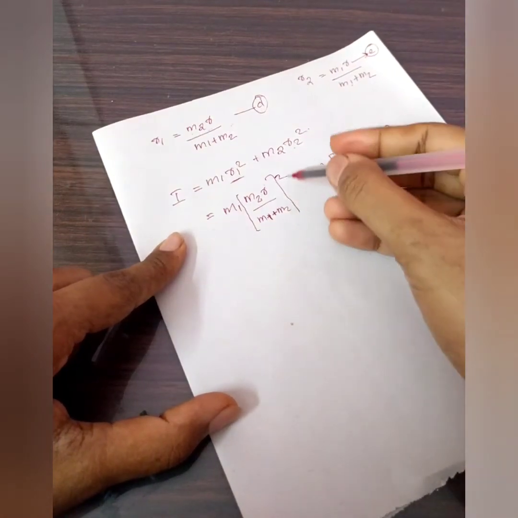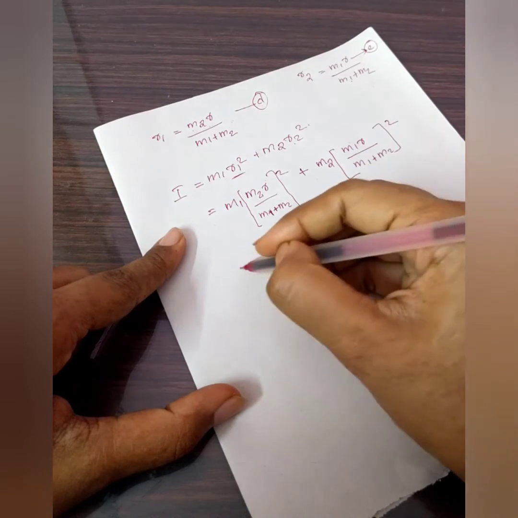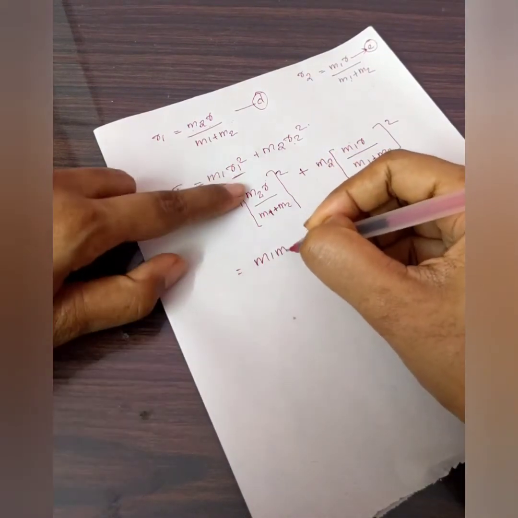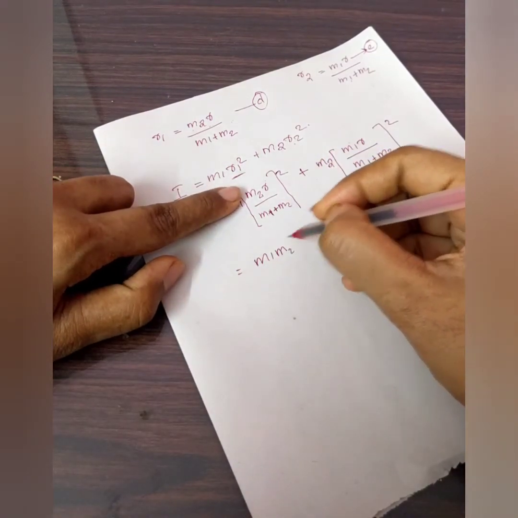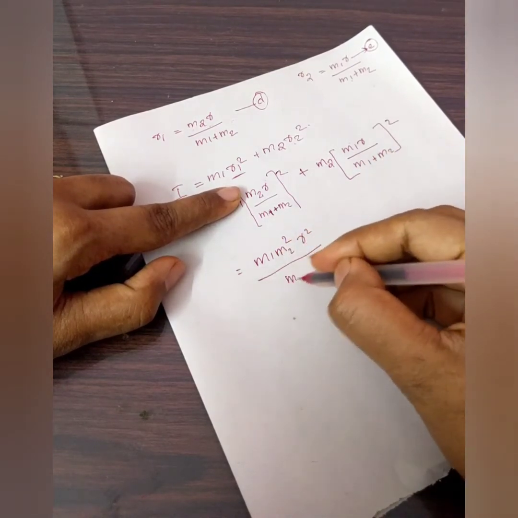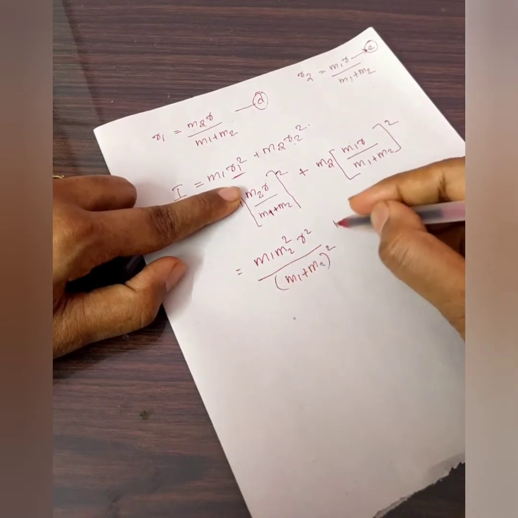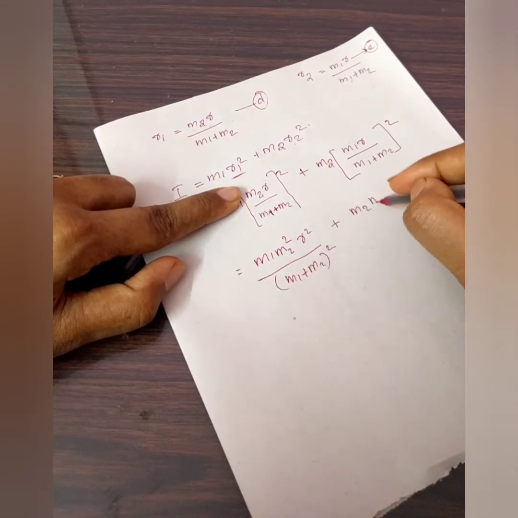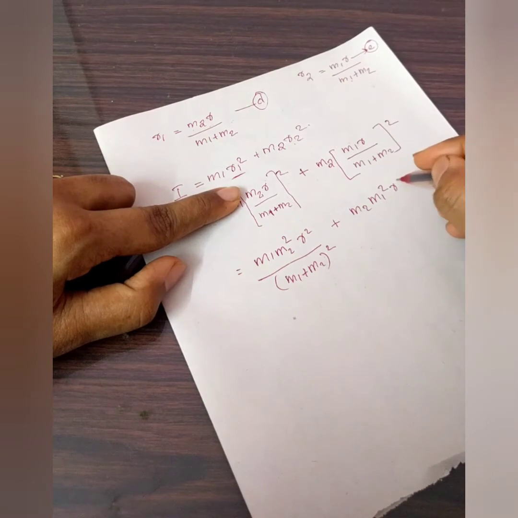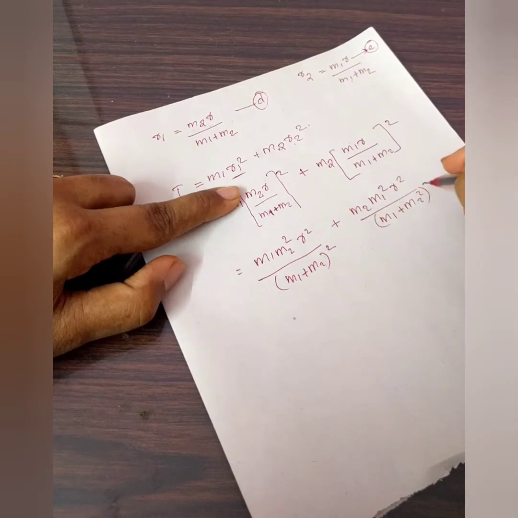Now upon opening this square, you will get M1 M2 square R square divided by M1 plus M2 square plus M2 M1 square R square divided by M1 plus M2 square.